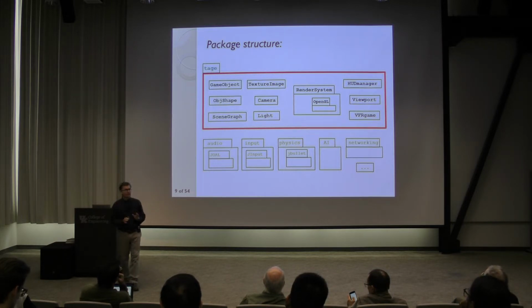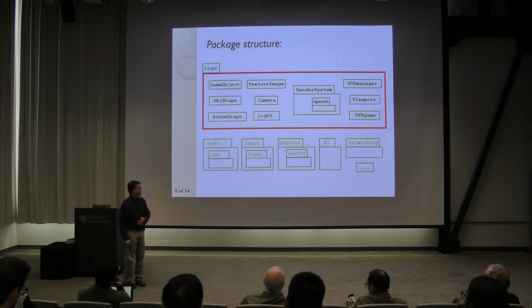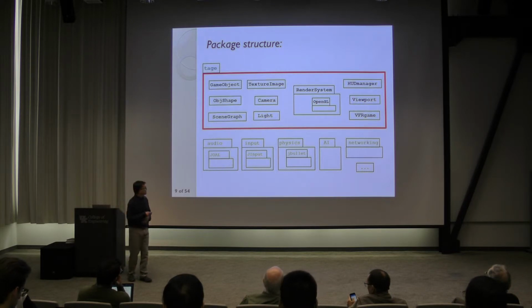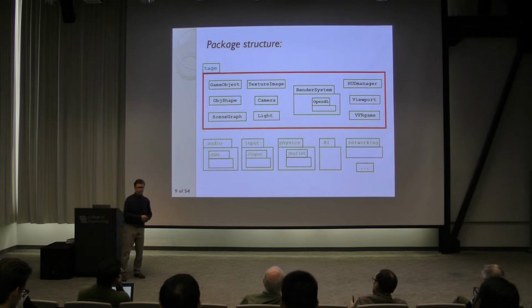If you're going to make a game engine, you really need at least these things. Then, of course, these other things are important too. Input manager, handling sound, physics, these are all really important too, but you can save those for later. These are really the core that you've got to solve first, after which the rest should fall out more clearly.